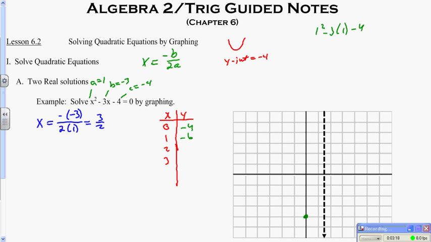If you plug in a 2, I believe we get a negative 6 also. Plug in a 3, you should get a 4. And again, just plugging in the values. For example, I plug in a 3, I get 3 squared minus 3 times 3 minus 4, which gives us 9 minus 9 minus 4.